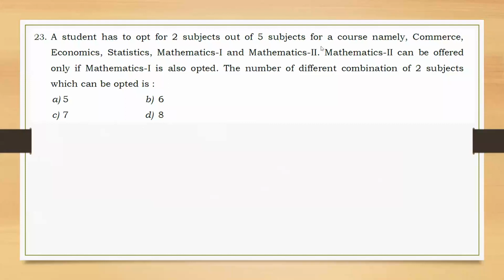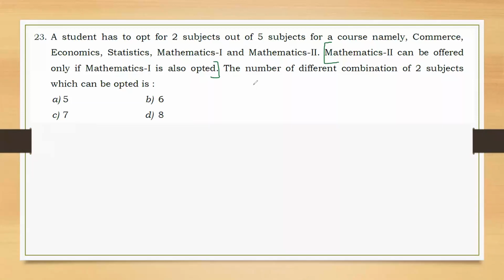M2 can be offered only if M1 is also opted. They're given some conditions, right? Yes, Meera, give a try. The number of different combinations of 2 subjects which can be opted as.